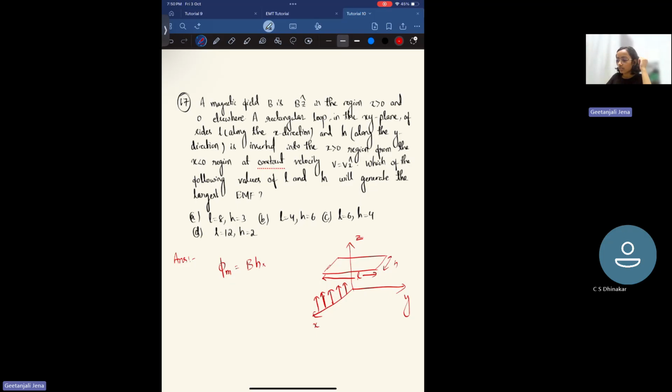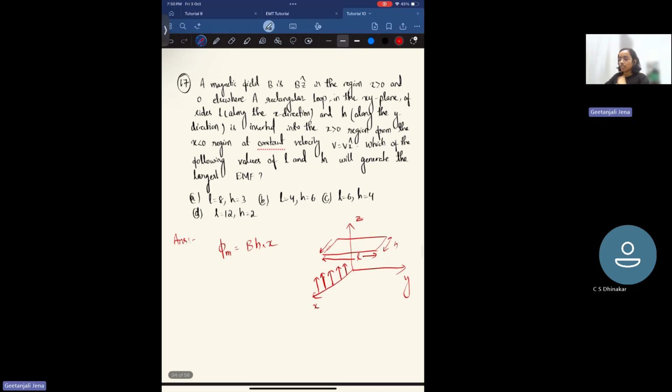The length in the x direction is changing, as the loop gradually enters this region. Let us say x is the part of the length in the x direction present in the magnetic field. So the flux is BHx.